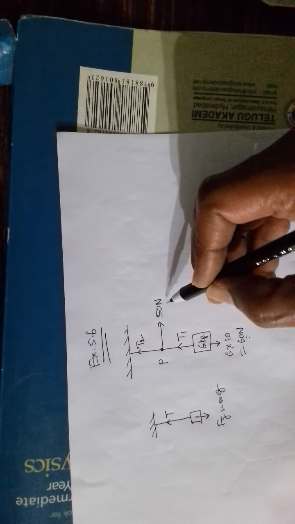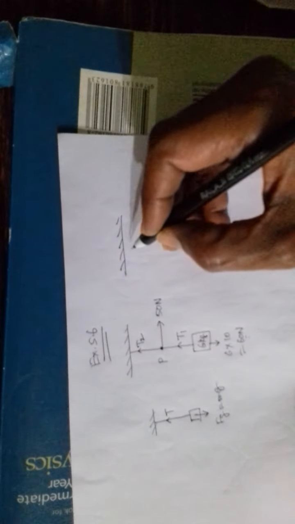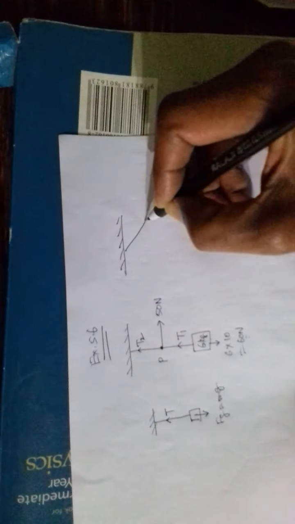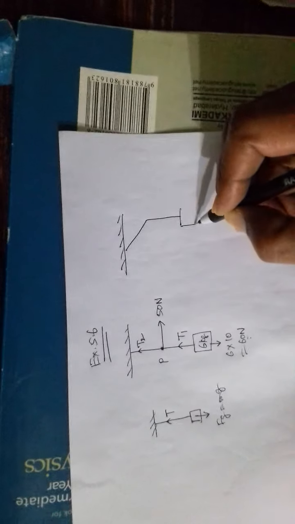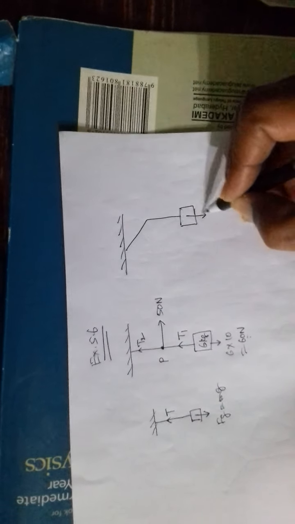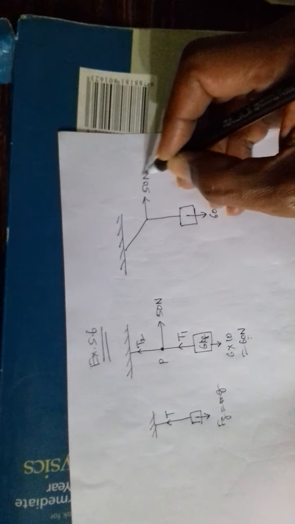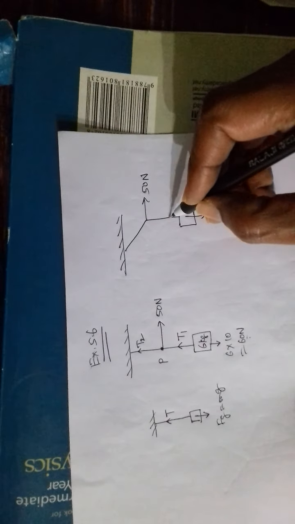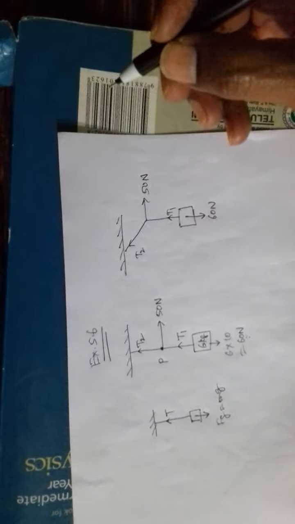Now when the horizontal force is applied here, the vertical string becomes inclined, here like this, 60 newtons, 50 newtons, here T1 tension, here T2 tension.